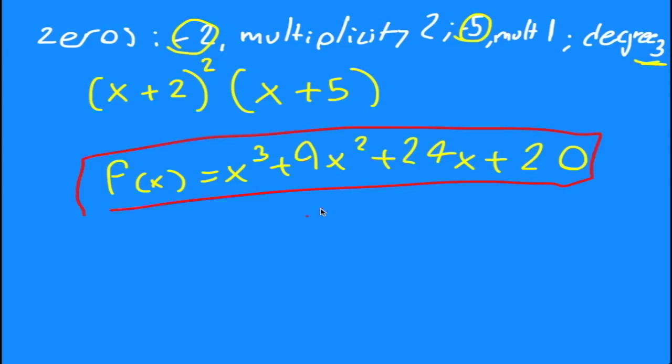Now let's go to another one. Find the x and y intercepts of f. We're given f of x equals x squared minus 25 times x plus 2.